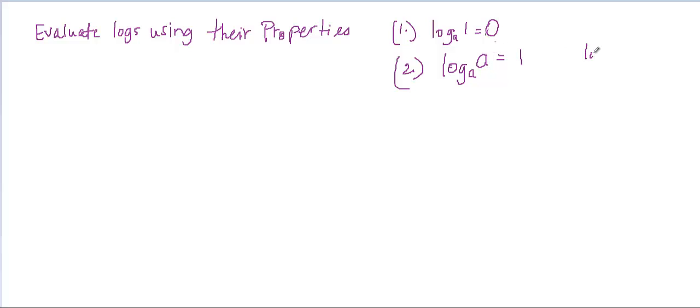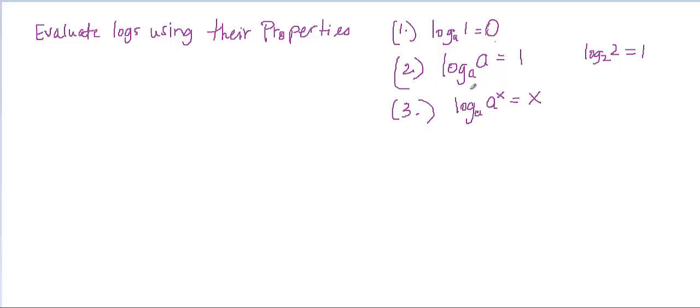So it would be like saying log base 2 of 2, that would be 1. The third one is one I think we use most, where we have log base A of A to the x. It's actually just x.